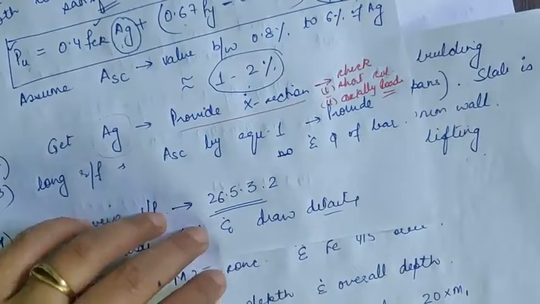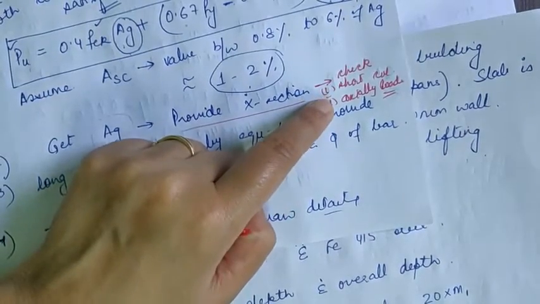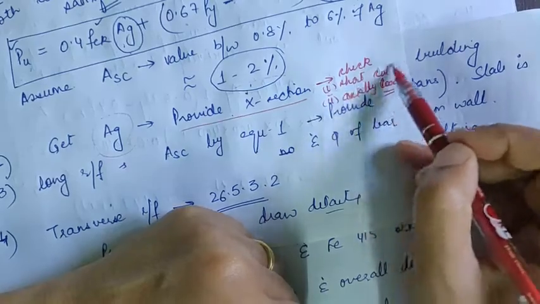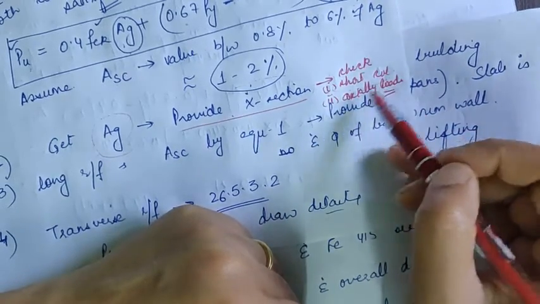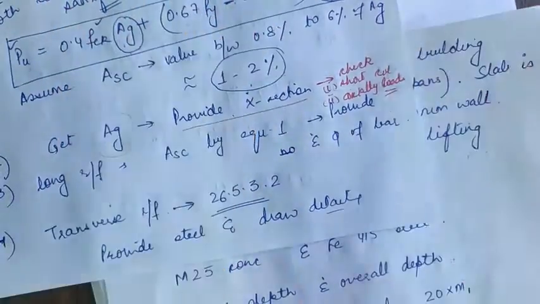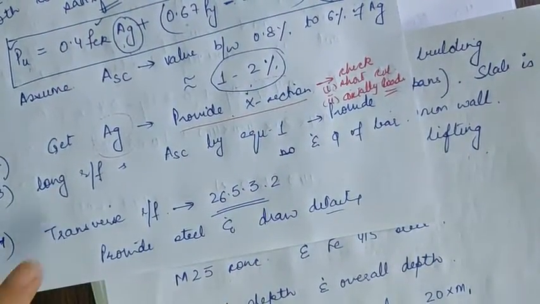We want our system to always fall in this particular case, so if you do not get a short column, we will increase the cross section to make it a short column. Is it okay?